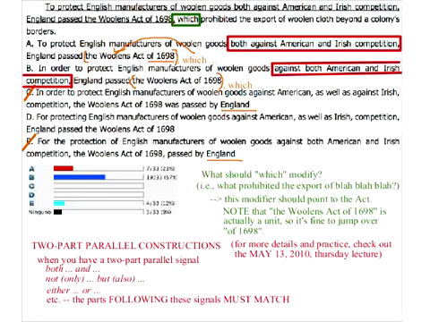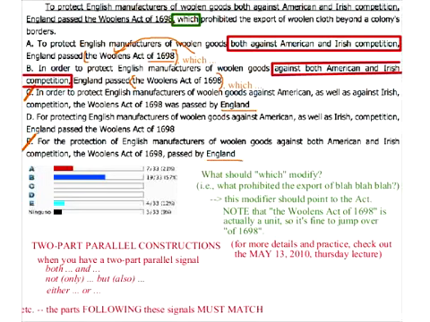So if you have the both X and Y, the X has to match the Y. So this is enough to resolve the difference between these two choices, because if you say both against American and Irish, that doesn't work.